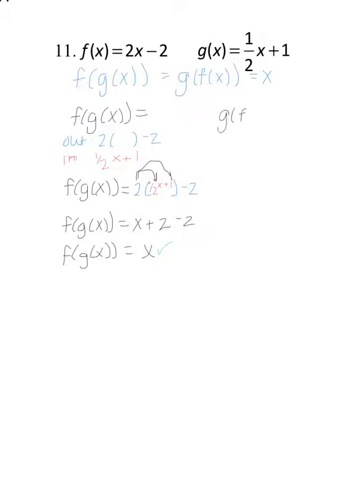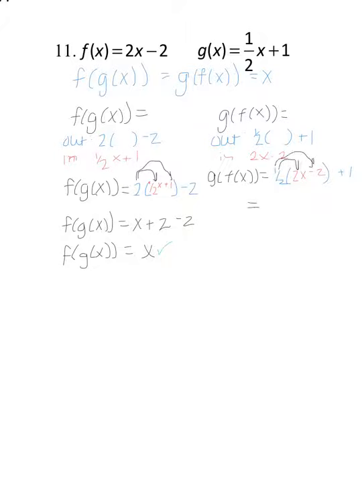So g of f of x equals, and here my outside is 1/2 times something plus 1, and my inside is 2x minus 2. And so g of f of x is 1/2 of something plus 1, and that something is 2x minus 2. Distribute the 1/2.